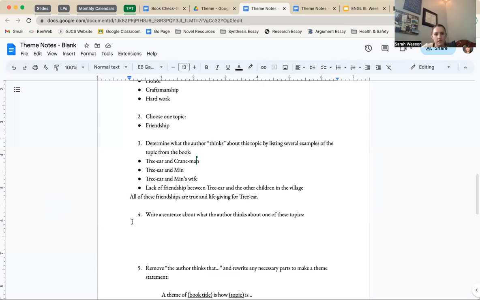Okay. Now we're going to write a sentence about what the author thinks about one of these topics. We're going to start the sentence with, the author thinks that friendship, and we're going to essentially just rephrase what we put here.